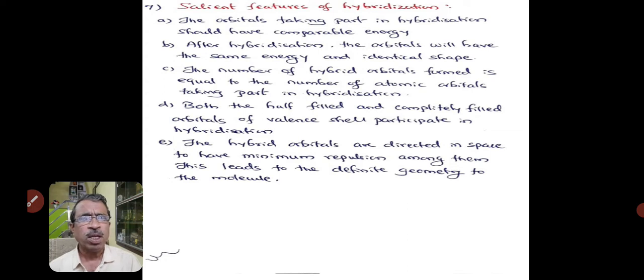The fourth, both the half-filled and completely filled orbitals of the valence shell participate in hybridization. Lastly, the hybrid orbitals are directed in space to have minimum repulsion among them, which leads to the definite geometry of the molecule.